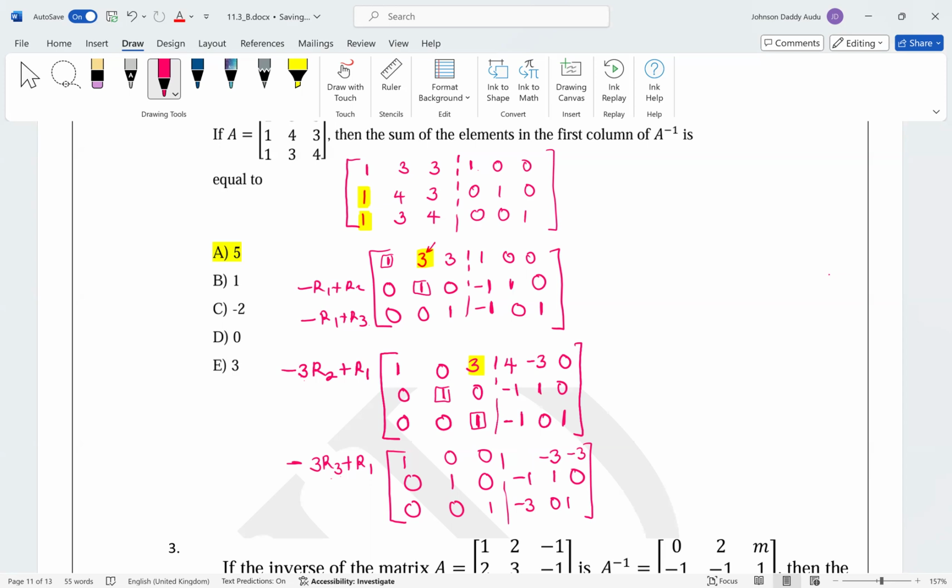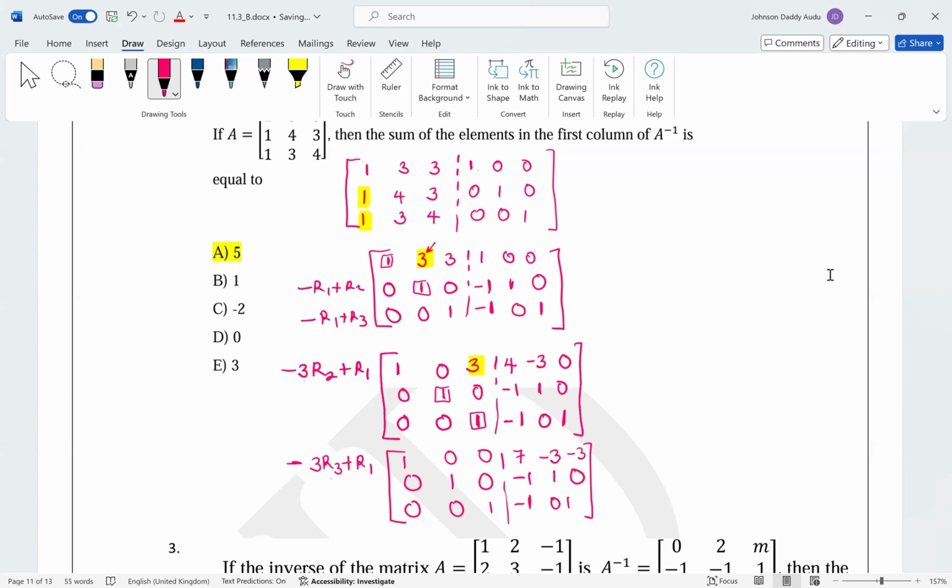So here you have minus 3R3 plus R1. Don't forget that here it's supposed to be minus 1. So you have minus 3 times 1, which is 3. Yeah, so 3 plus 4. This is 7. Okay.